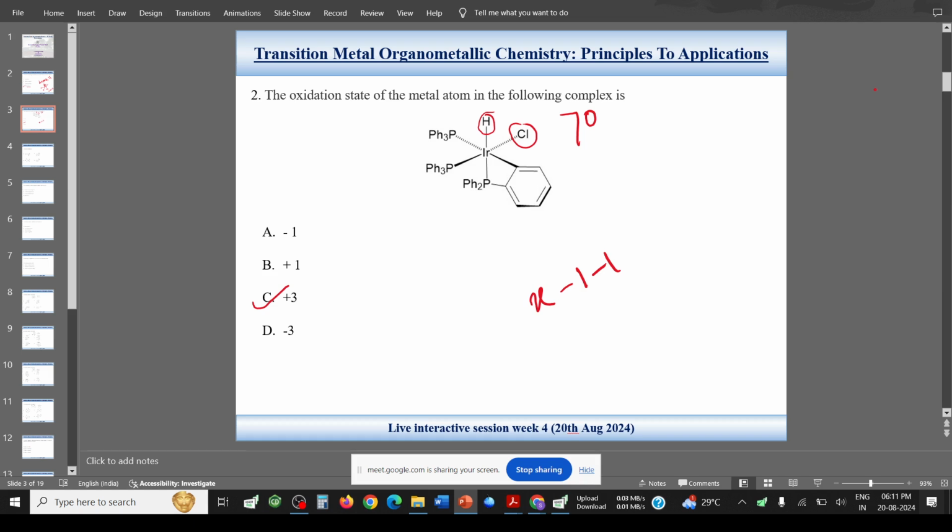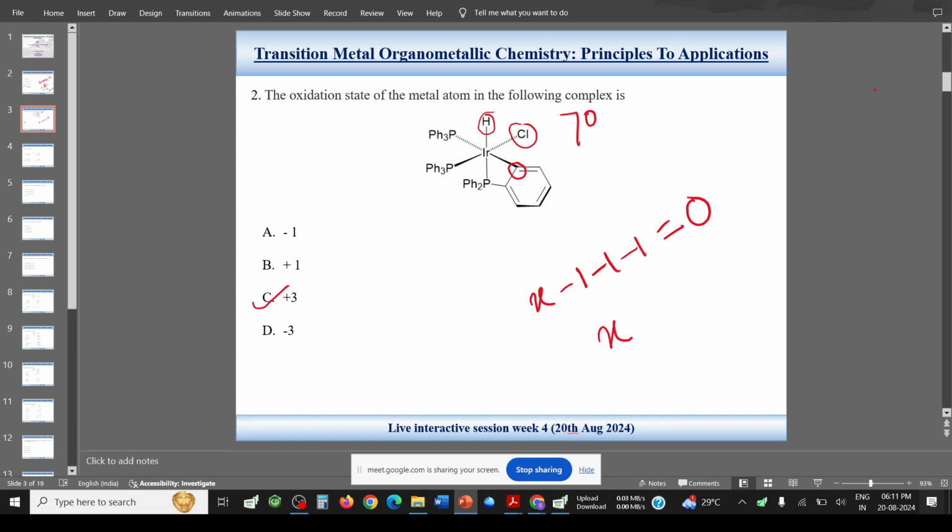Also we have an aromatic ring attached to this iridium center, which will also contribute a negative charge. As overall charge is 0, so that corresponds to 0.